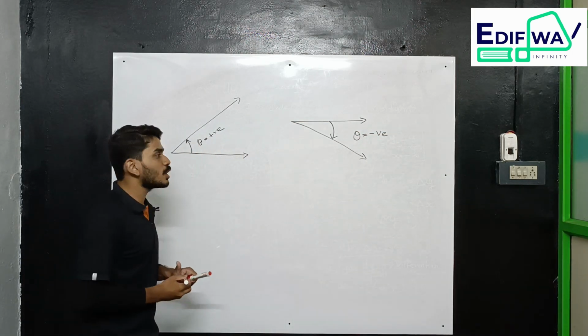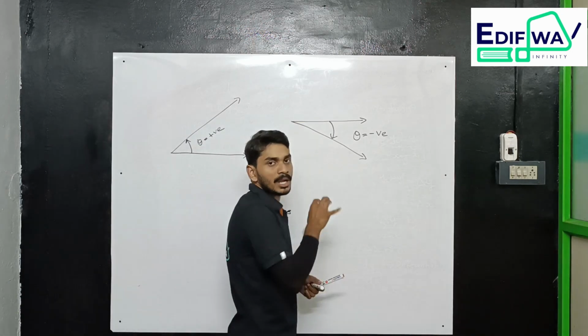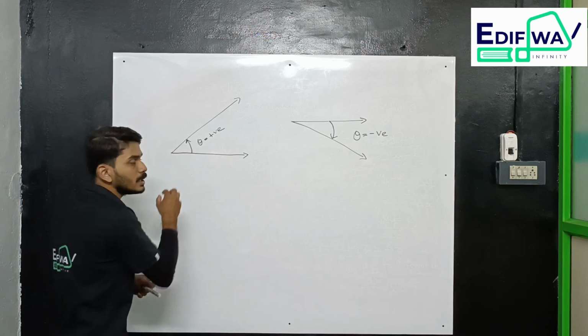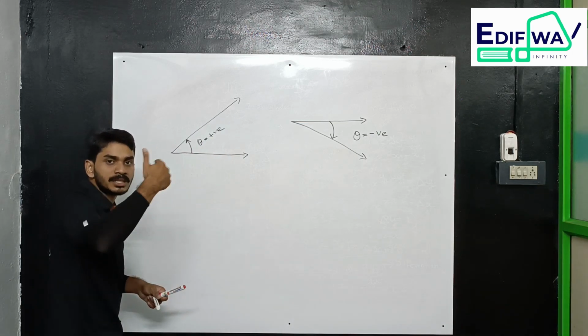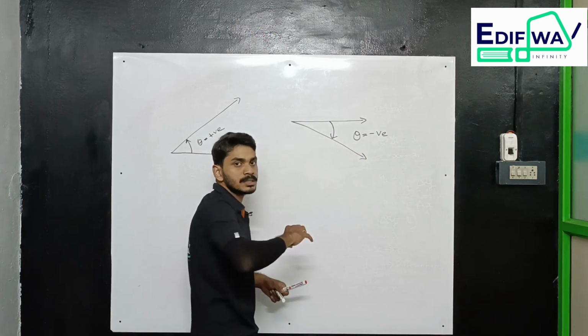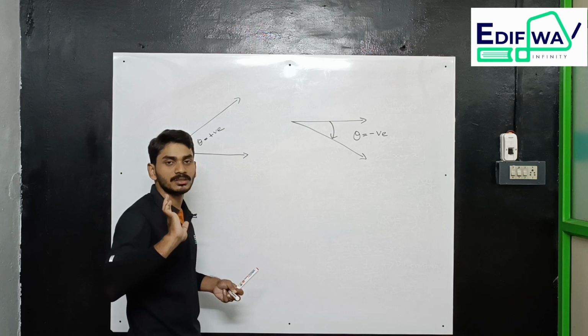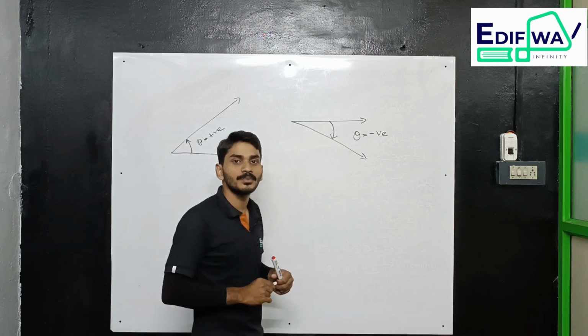So what is the concept of positive angle and negative angle? Positive angle means the angle is measured in the anti-clockwise direction, and negative angle means the angle is measured in the clockwise direction. Is that clear to you?